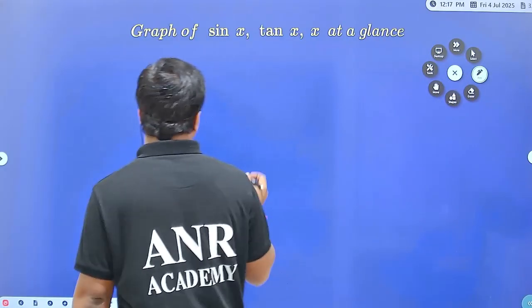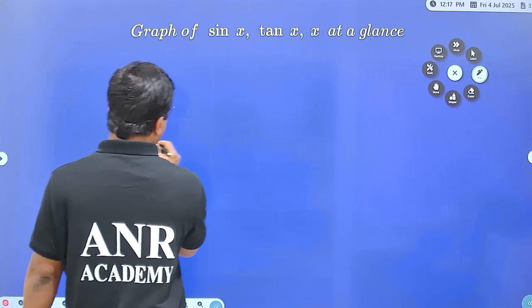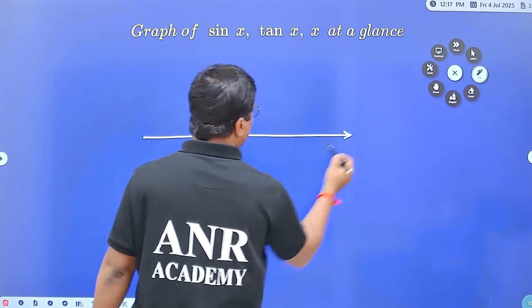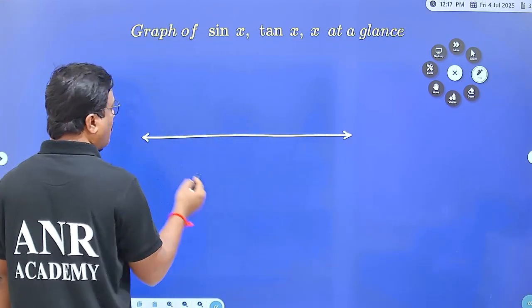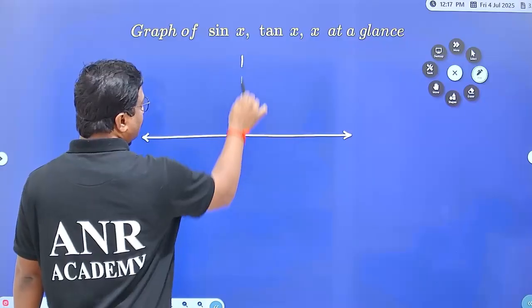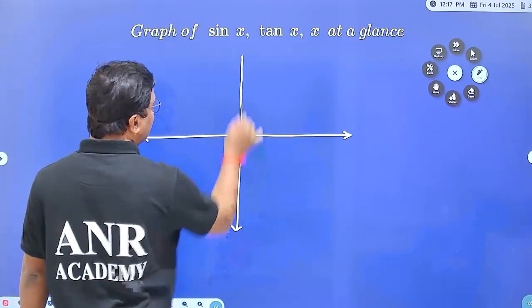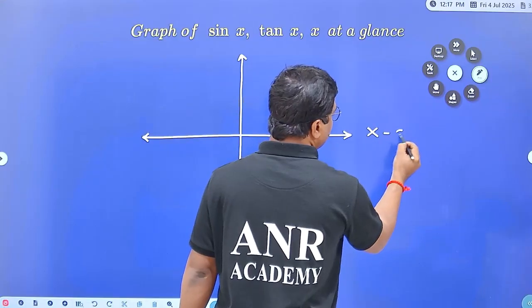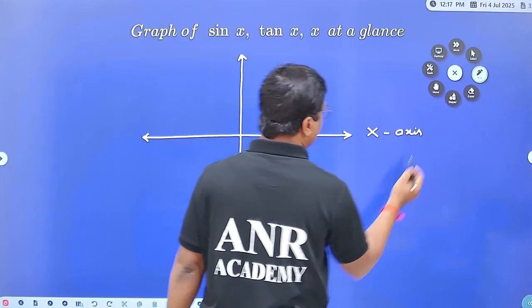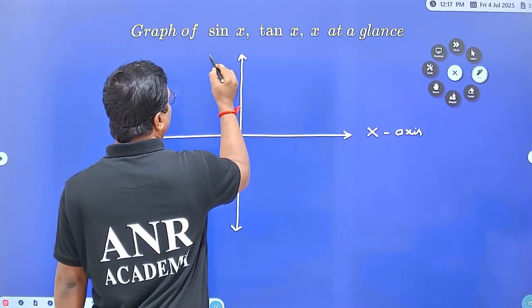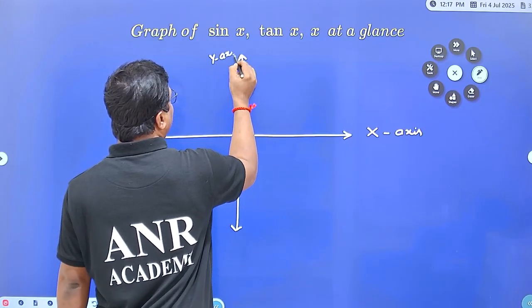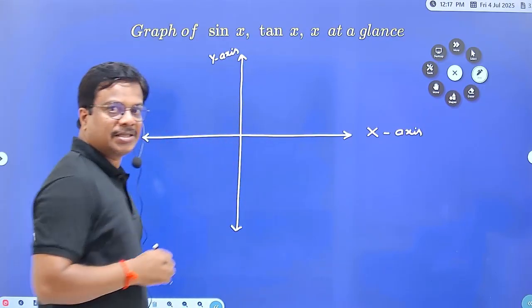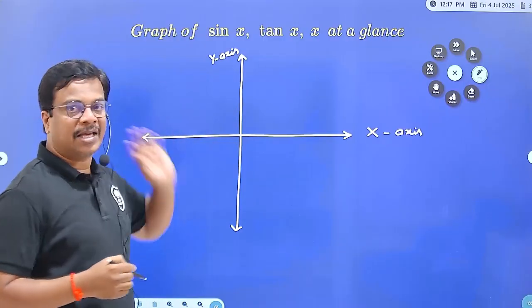Here this is the x-axis and this is the y-axis. Draw the graphs of sin x, tan x as well as x.